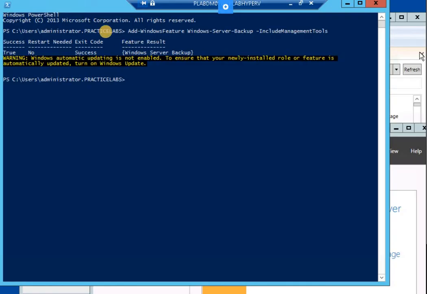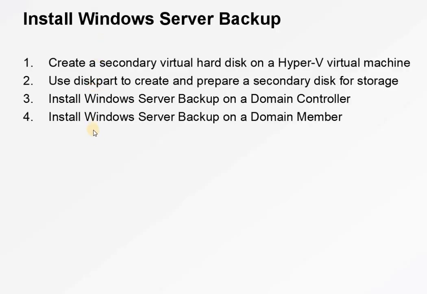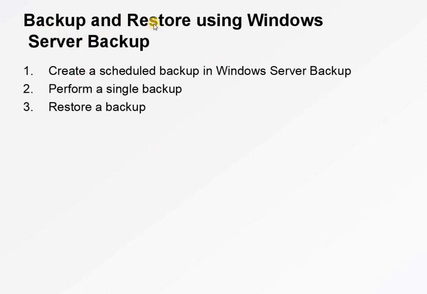So we have now successfully completed all four steps of the first task, installing Windows Server Backup. Now we are going to see the second task, backup and restore using Windows Server Backup. Let's see how to create a scheduled backup in Windows Server Backup. In the previous task, we prepared the domain control for backup by creating an area for storage and installing Windows Server Backup.